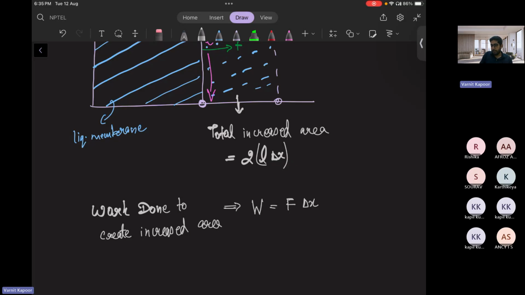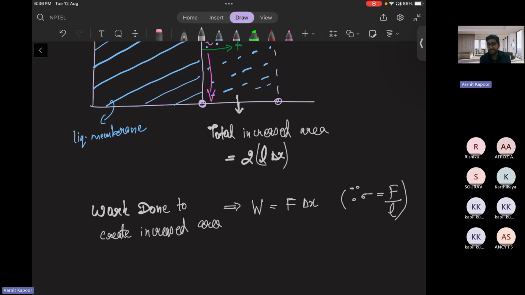Now this force is nothing but force in terms of line force. We know the definition of surface tension in terms of line force: surface tension is also defined as force per unit length, from the other definition.